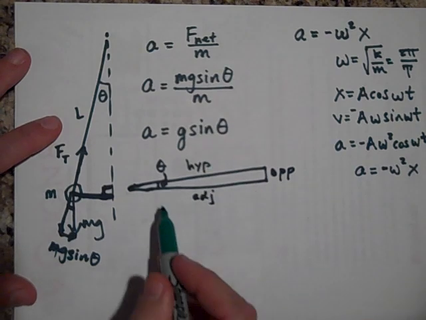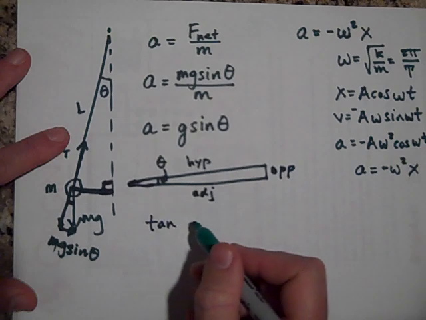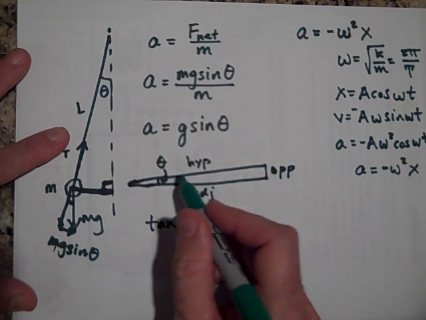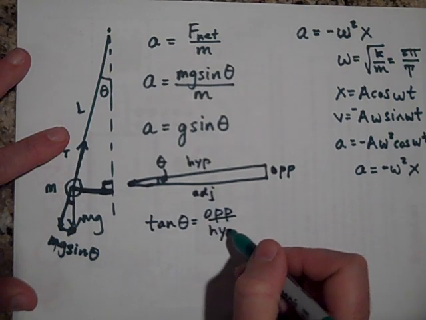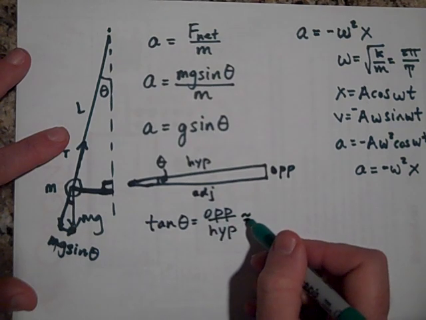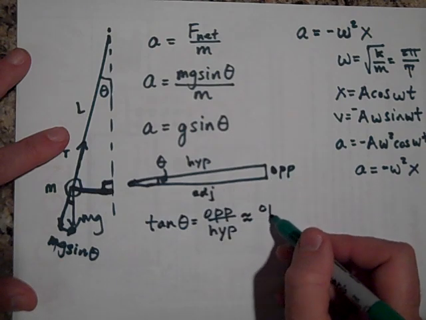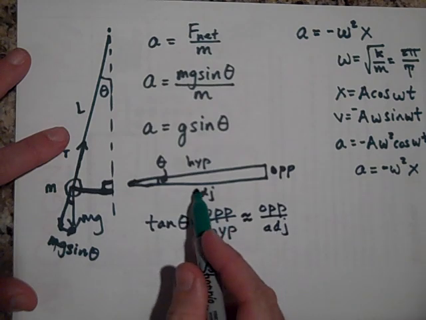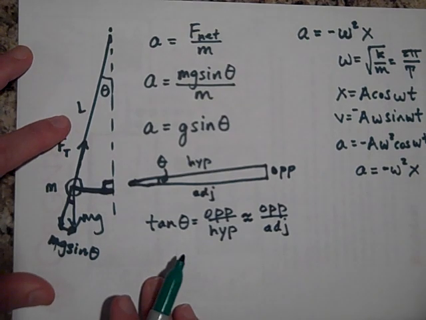I want you to see that if theta is really tiny, then the tangent of theta, which is opposite over adjacent, is pretty darn close to opposite over hypotenuse, because the adjacent side and the hypotenuse are almost identical lengths.